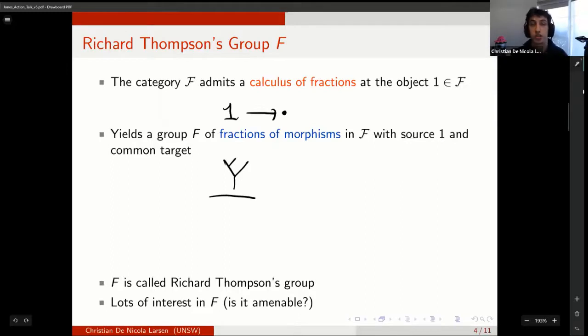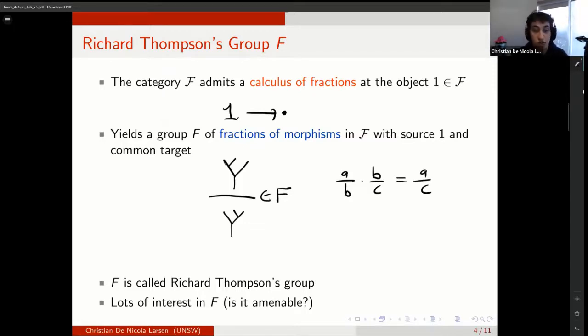In the denominator, we should also have a tree with 3 leaves. The other tree with 3 leaves is this. This is going to be an example of our group F. A crucial identity that this group satisfies is that A over B times B over C is always equal to A over C. This is really why we call it a group of fractions.